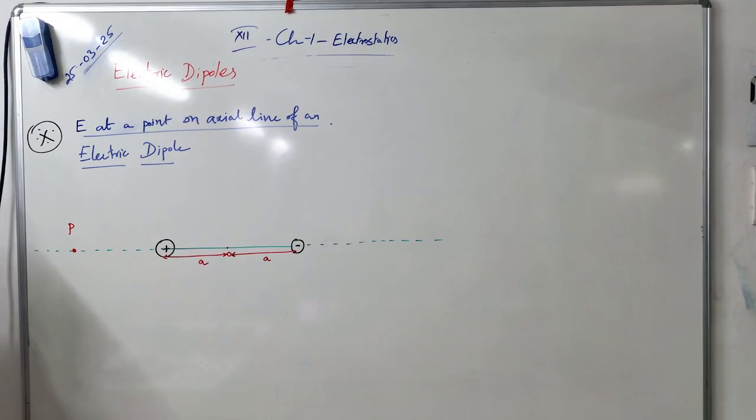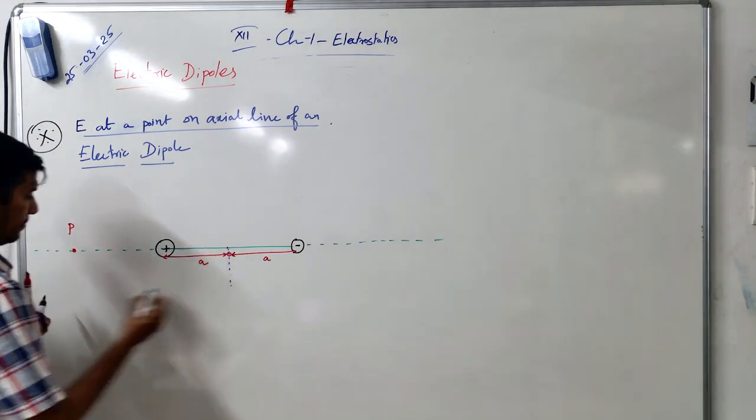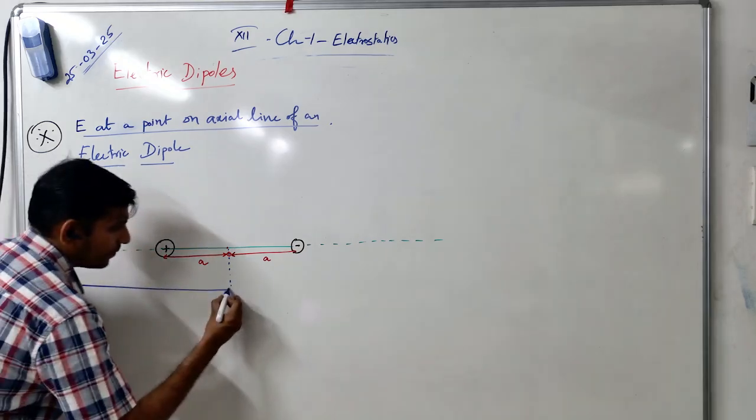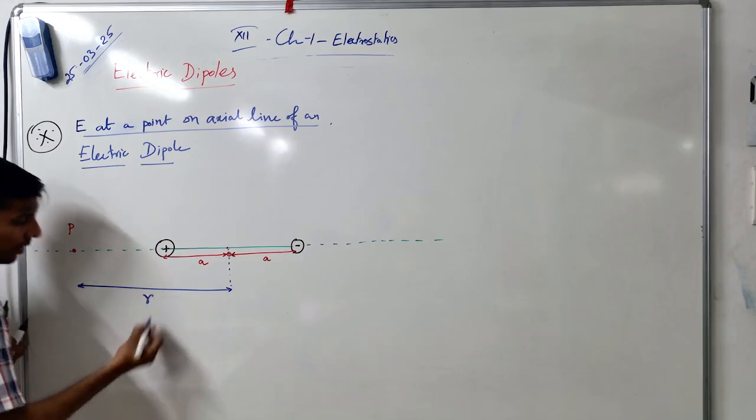Can we proceed? And I told you any measurement that we do should be done only from where, sir? Origin, that is the center of the dipole. So I am going to take a distance here. This distance is called the position vector R.